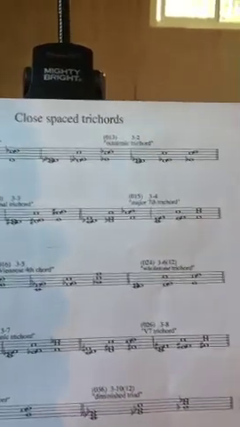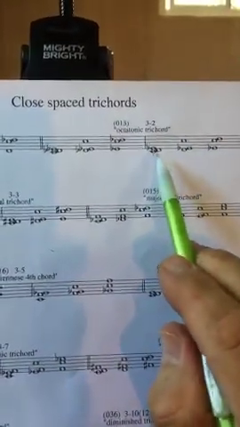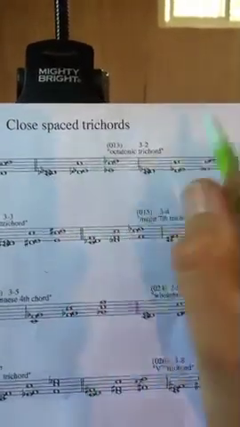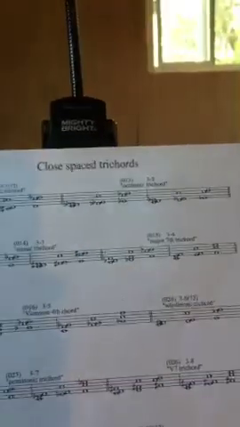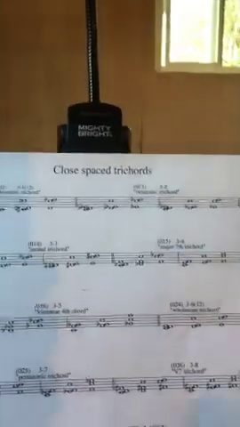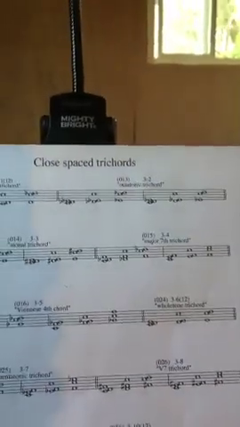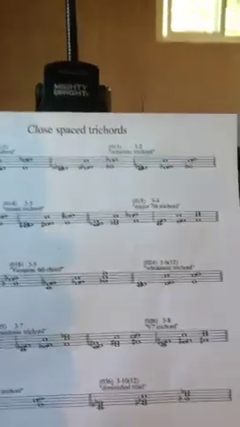Now, look at this second little thing here. I've included this. This is the inversion of that. So instead of going 0, 1, 3, it goes 0, 2, 3. This is upside down, the inverted version of it.